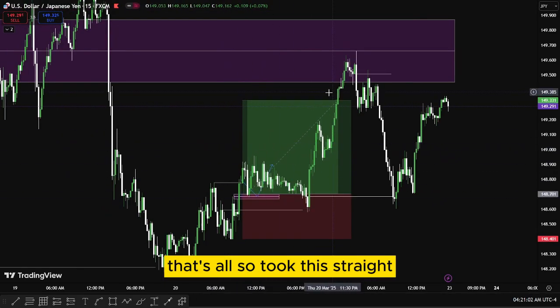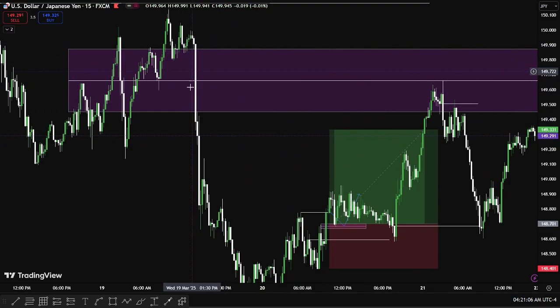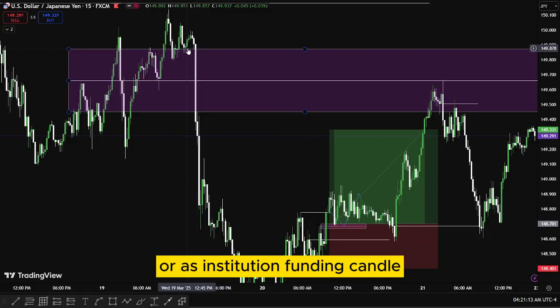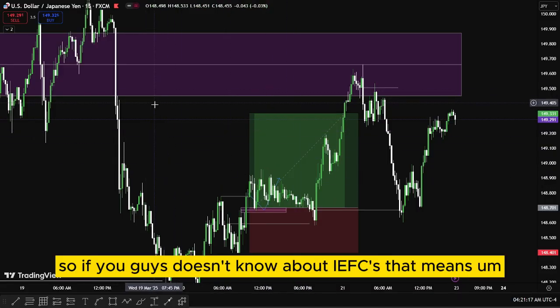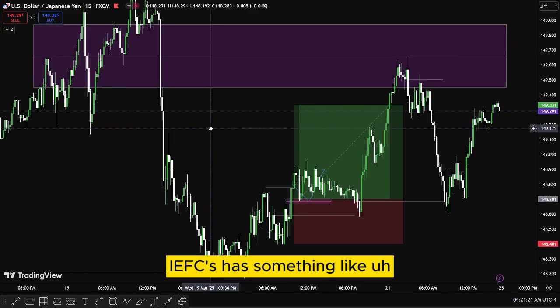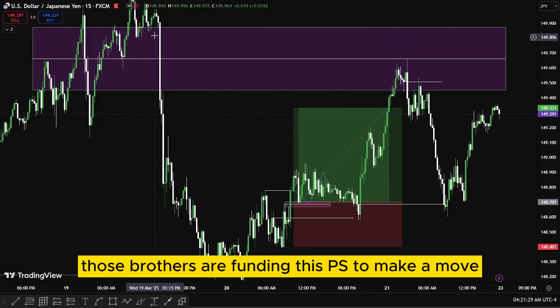I took this trade, and I just want to tell you guys that this fair value gap over here is something we call an IFC, or institutional funding candle. Those candles should be filled up. If you guys don't know about IFCs, they are something like financial institutions funding these pairs to make a move.